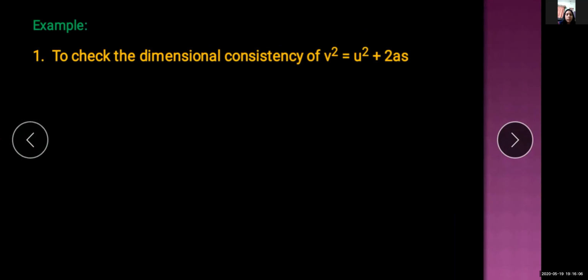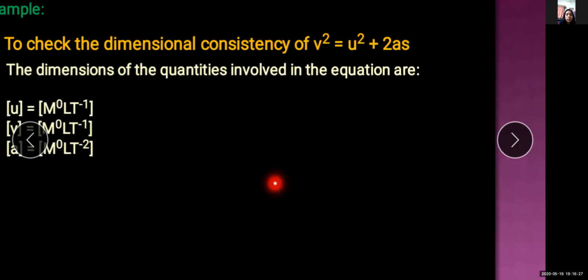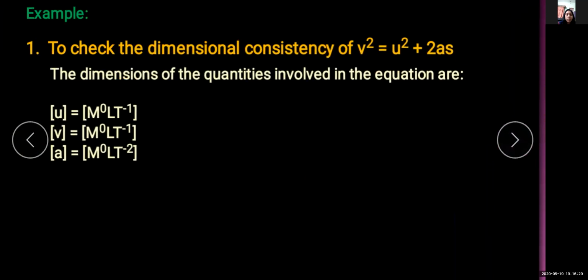To check this, we have to write the dimensions on both sides. We know the dimension of u, the initial velocity, is M^0 L T^-1. v, the final velocity, is M^0 L T^-1. And a is acceleration, its dimension is M^0 L T^-2.